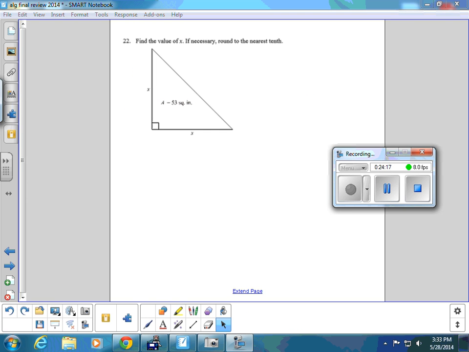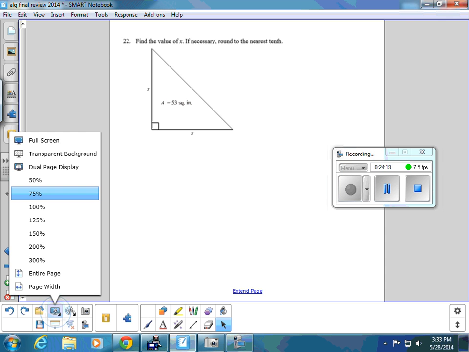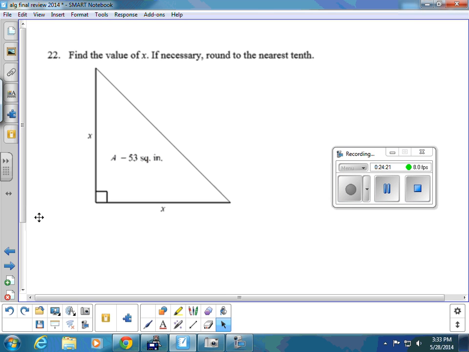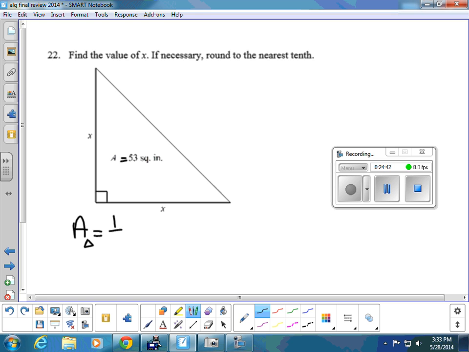Okay. Looking at question number 22, I don't think I copied properly on here. I think this is an equal sign. So it says find the value of x. Well, we're given a triangle with two sides, and the sides are the same, and we're given the area of the triangle. So you have to go back and say, well, the area of a triangle is 1/2 the base times the height.